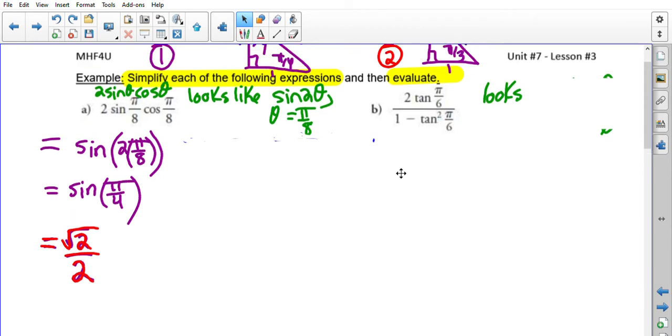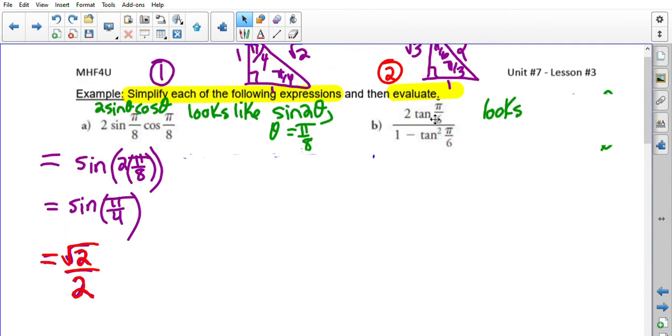All right, part B. Notice with part B, we've got tan pi over 6, and then here it's tan pi over 6 all squared. Technically, we could go about simplifying this without a calculator because it works with pi over 6. But I'm going to show you another way of solving it, so that we use our double angle formula, simplify it first, and then evaluate.